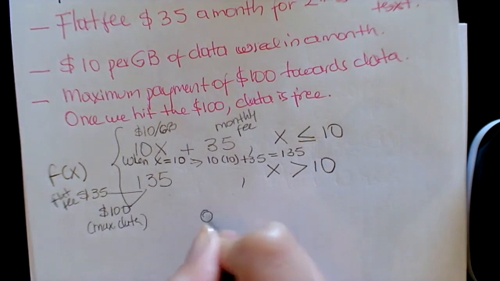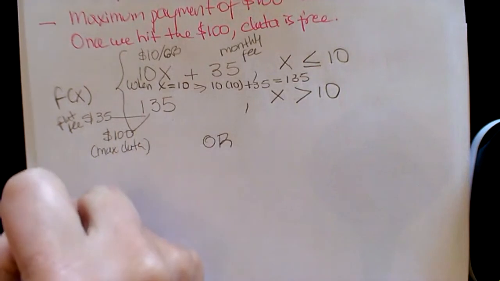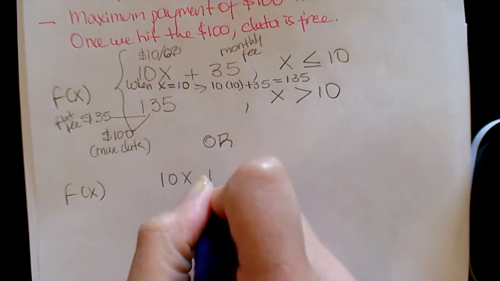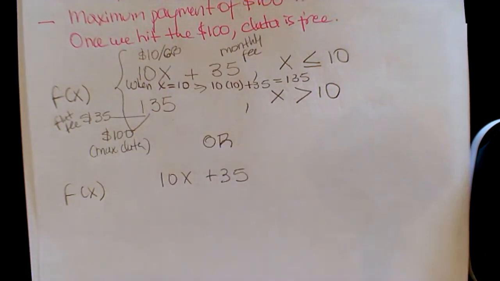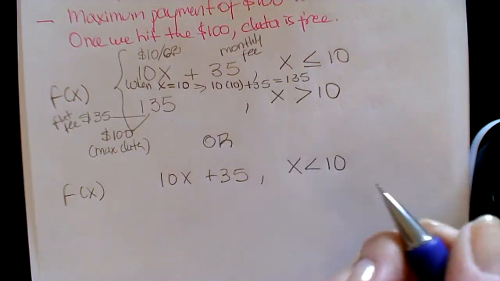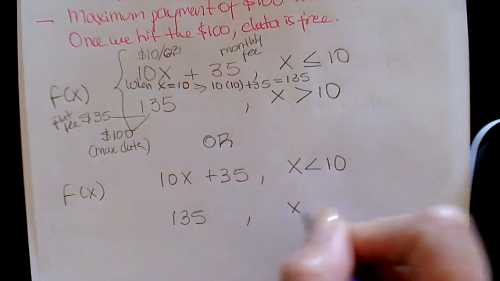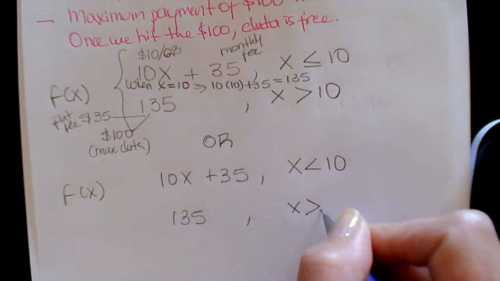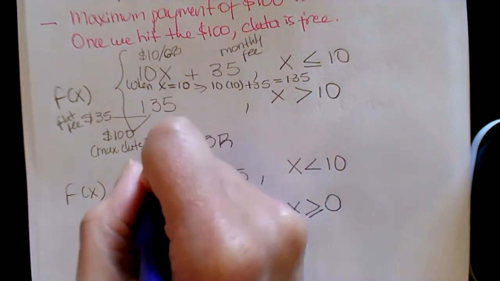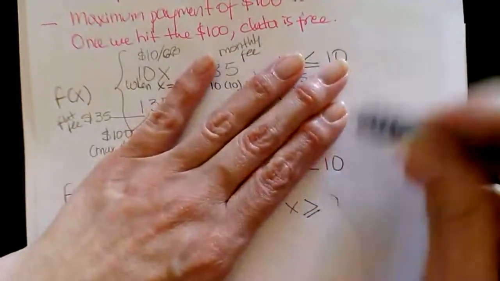The other option is 10x plus 35, okay, less than 10, doesn't have to be equal to 10, and 35 needs to be greater or equal to 10.